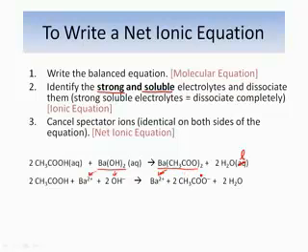We get a barium and two acetates, okay? The water is a molecular substance, so it stays the same. The acetic acid is a weak electrolyte, and weak electrolytes we will not dissociate in our ionic equation.